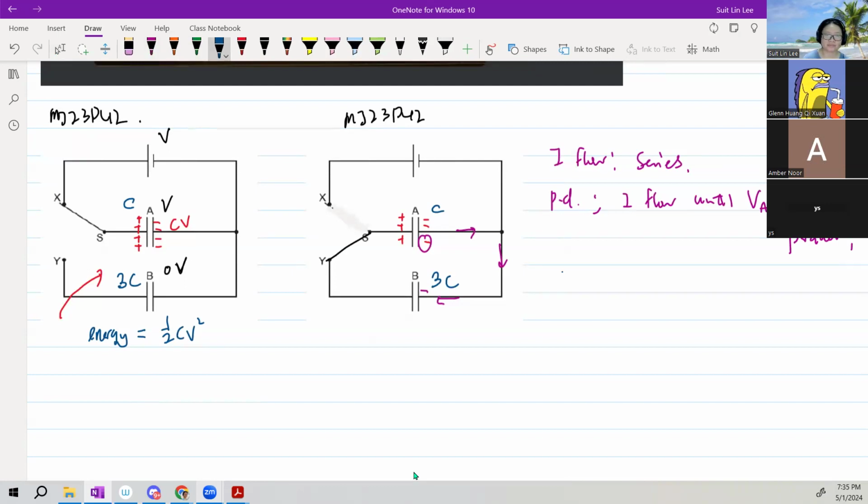So basically, charge will flow from A to B until VA equals VB.